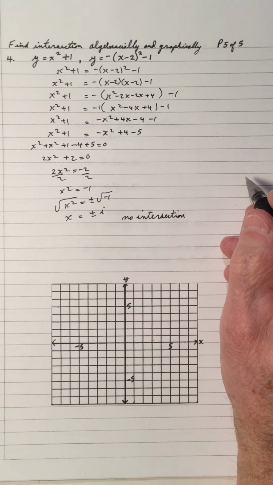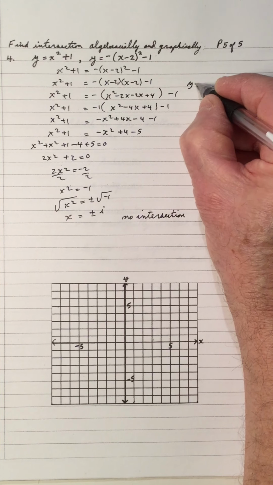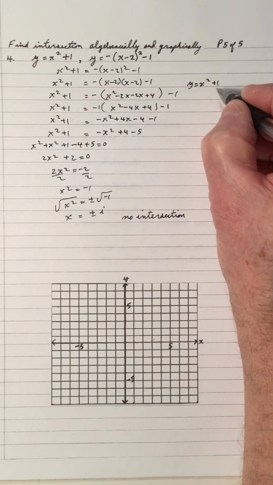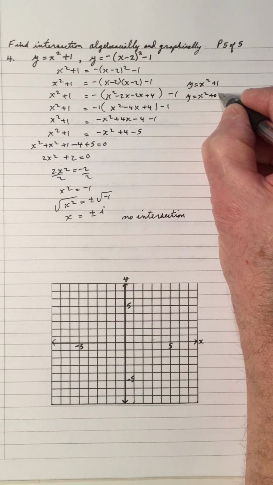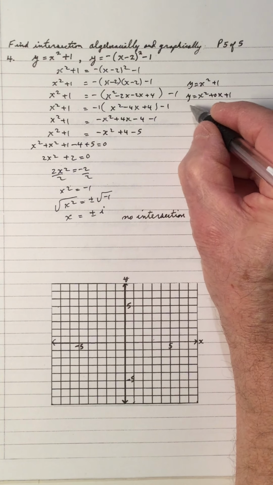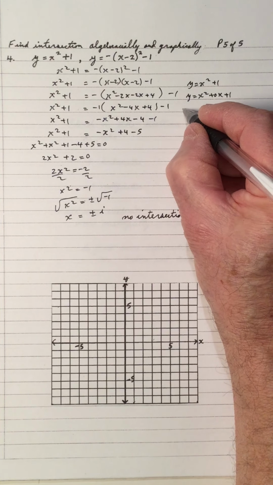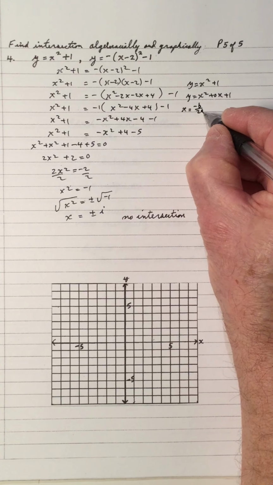So let's look at the graph of each of these. The graph of y equals x squared plus 1. y equals x squared plus 0x plus 1. Notice the x is missing, so it's 0. So let's look at the vertex of this parabola. x is equal to negative b over 2a.